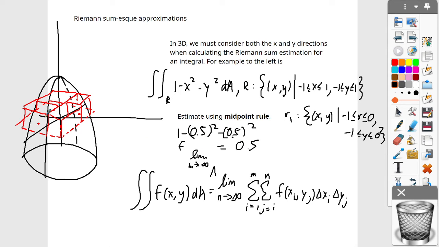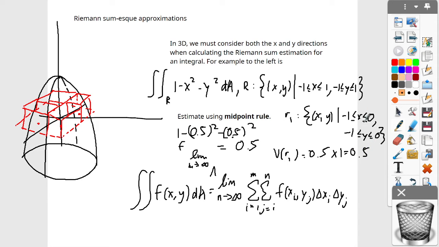So what is the base area? We've already established our rectangles. Maybe I should have that picture back up again. But the width and the length are both 1, so the base area is 1. So the volume of rectangle 1 is equal to 0.5 times 1, which is 0.5.